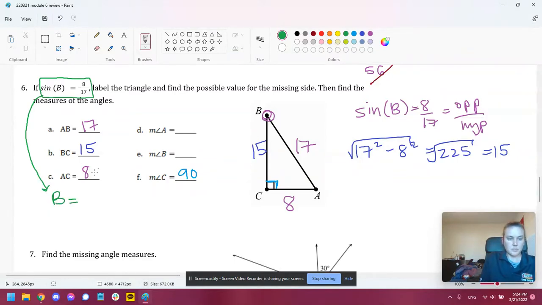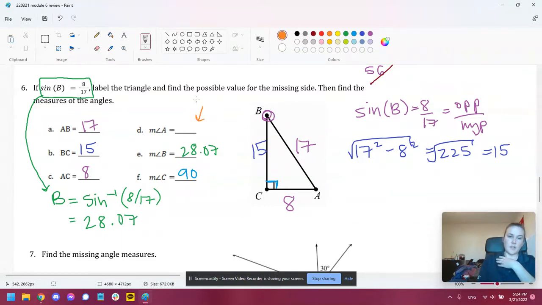To solve for B, we're going to plug in the sine inverse of 8 over 17 into your calculator, right? So you do 8 divided by 17, and then you do the sine inverse of that number, which is 28.07.